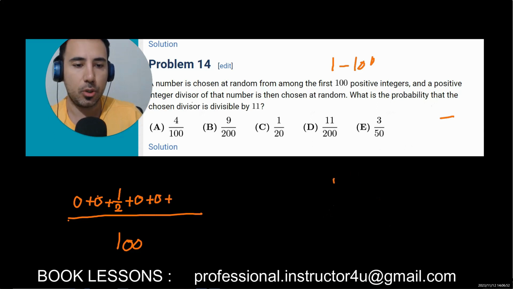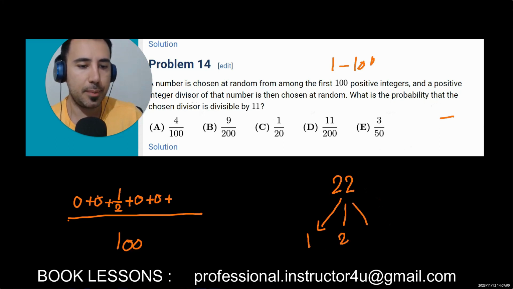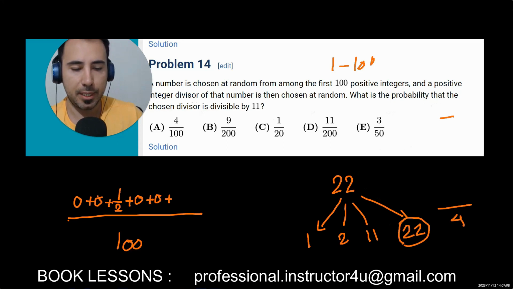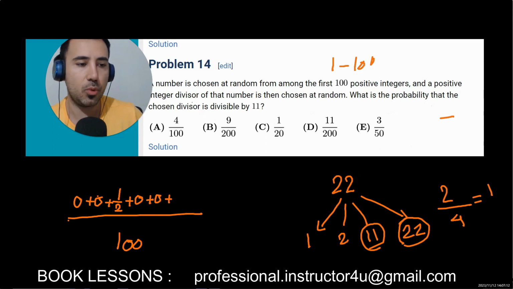So what are the divisors of 22? It's going to be 1, 2, 11, and 22. How many divisors do we have? 4. How many of them are divisible by 11? 2. 2 over 4 is again the same as 1 over 2. So let's do that for 33.